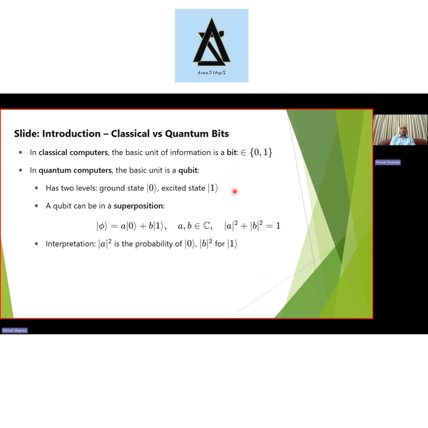In the case of one qubit, there are also two states: a ground state denoted by 0 in this notation, and an excited state denoted by 1. A qubit can take any value which is a superposition of 0 and 1.